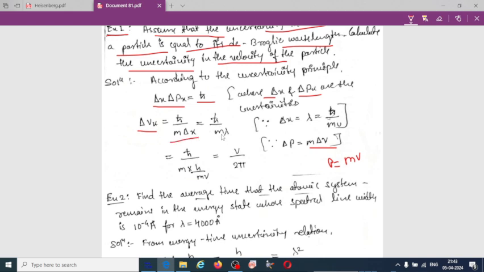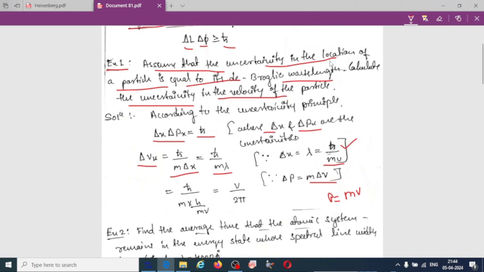This delta x we can represent as lambda, because the uncertainty in position is nothing but the wavelength, that is lambda equal to h divided by m into v, according to the de Broglie wavelength, as they have given in the question.